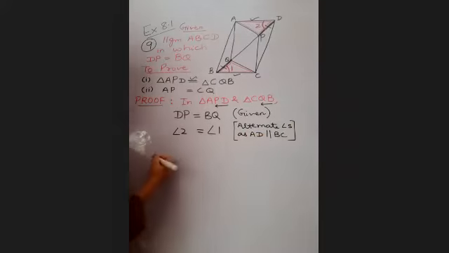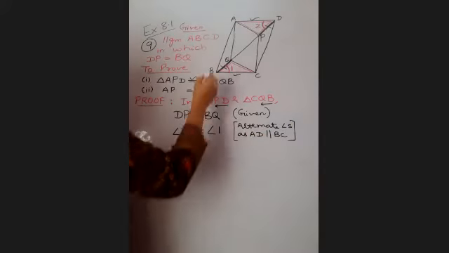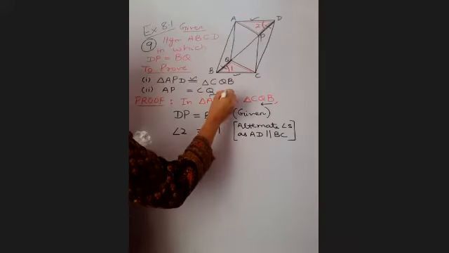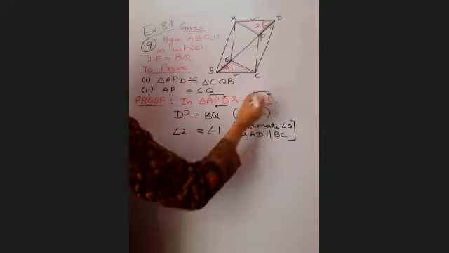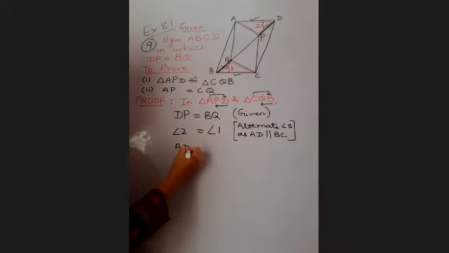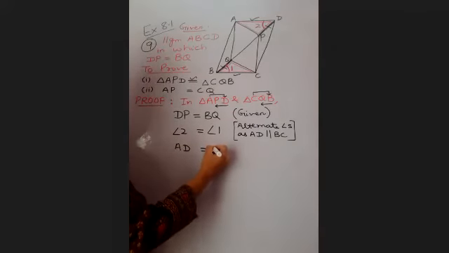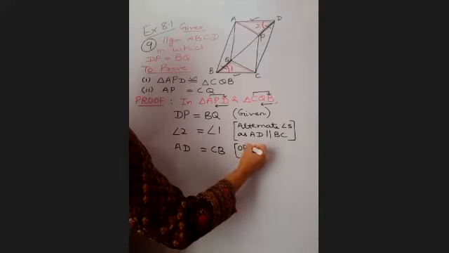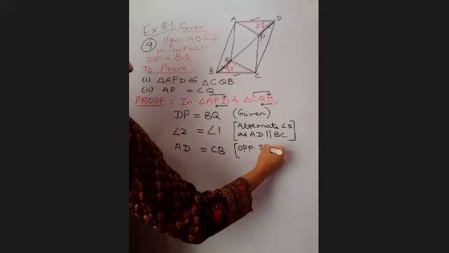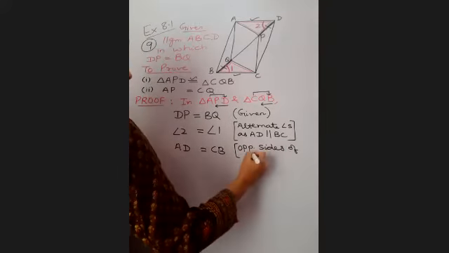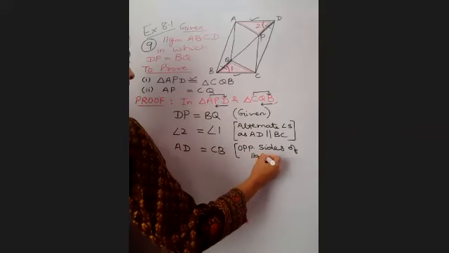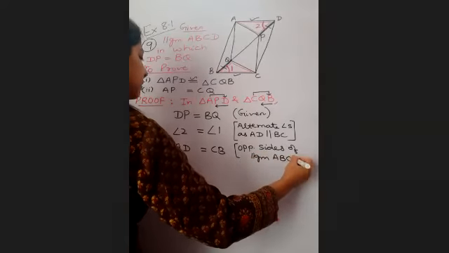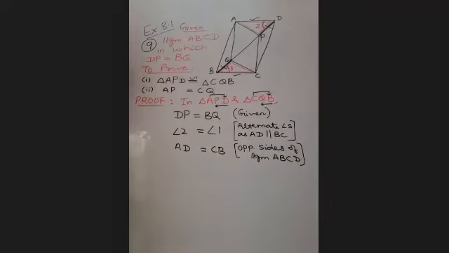Then we need to write AD, first to third, AD. So C to B, first to third. And order has to be maintained anyhow. So AD is equal to CB, opposite sides of parallelogram ABCD. All right.